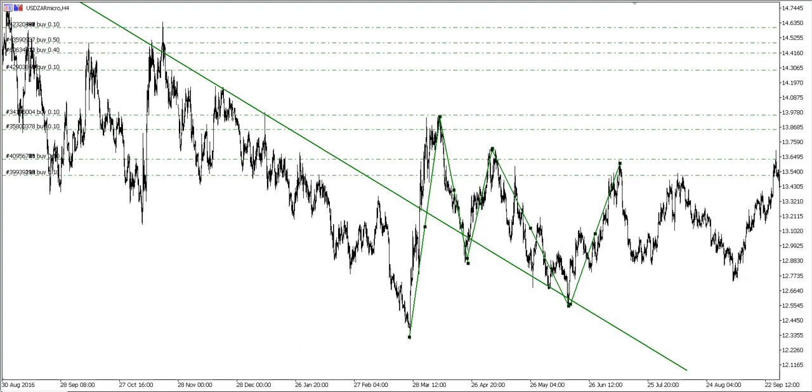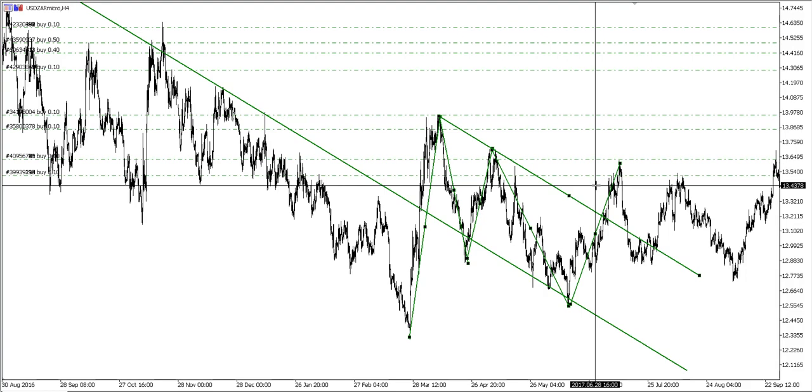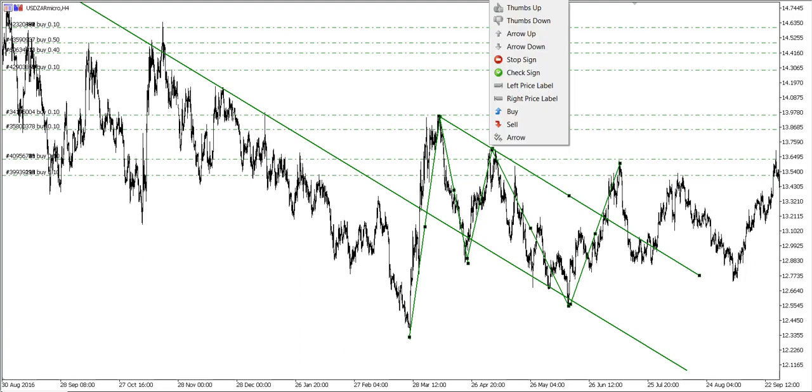And you'll say to yourself, all right, so this is my impulse, this is my correction. I'll draw a trend line here, and I'll buy here, let's say, and put my stop here. Let me get some text here to show you where you buy, where you sell.